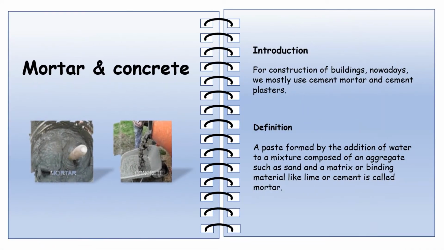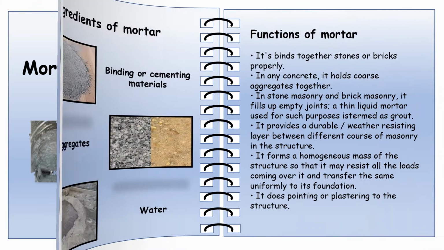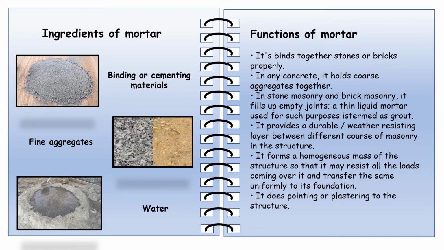Mortar and concrete. Introduction. For construction of buildings nowadays we mostly use cement mortar and cement plasters. Definition. A paste formed by addition of water to a mixture composed of an aggregate such as sand and a matrix of binding material like lime or cement is called mortar. Ingredients of mortar: binding or cementing material, fine aggregates, water.